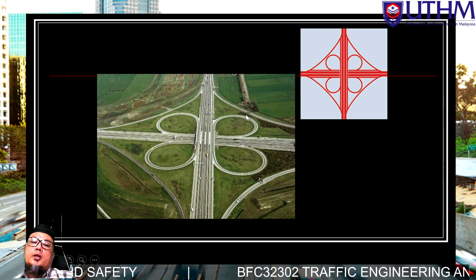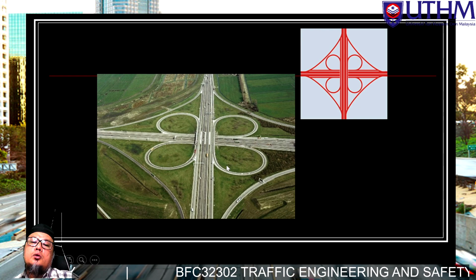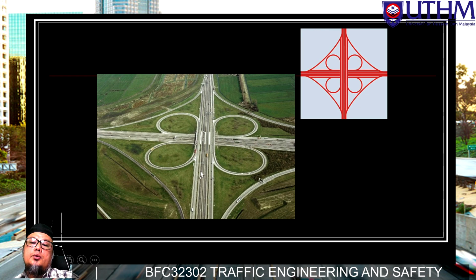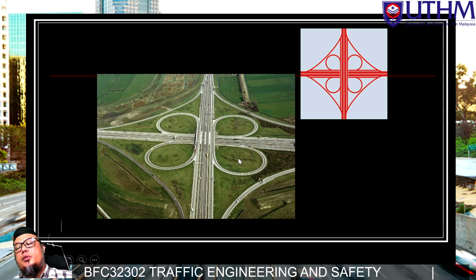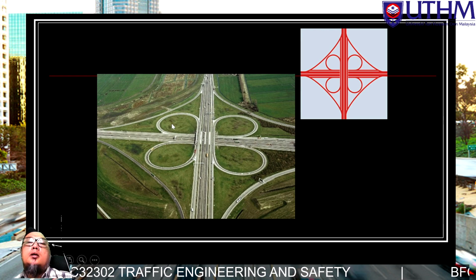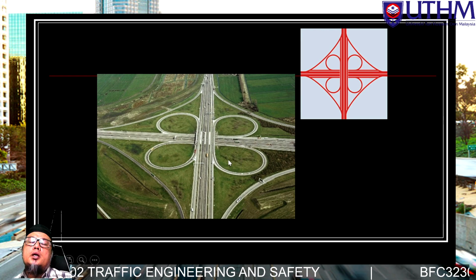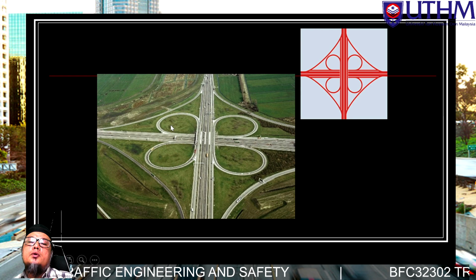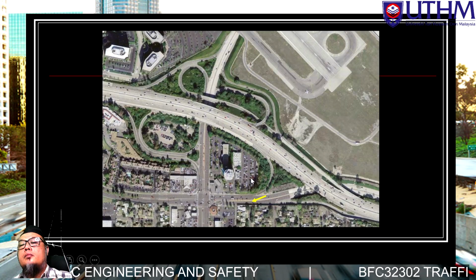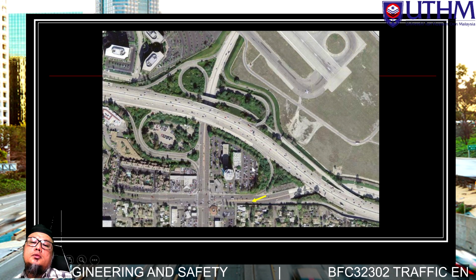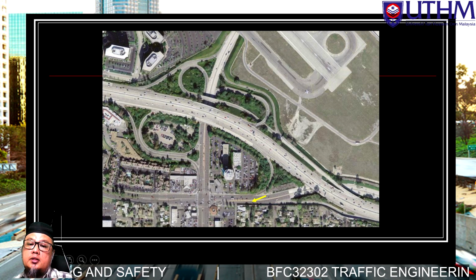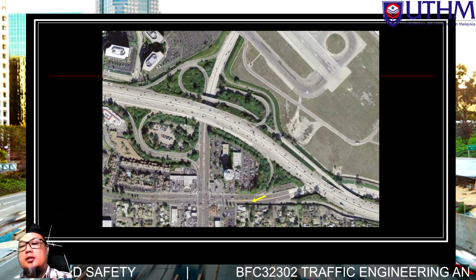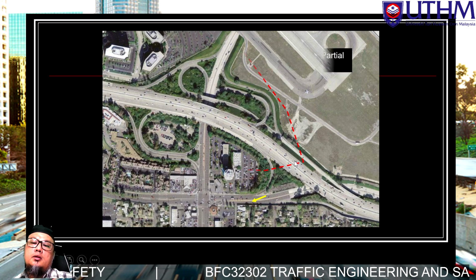Okay, this one you can remember, there are three types. So type 3 is the clover leaf. This one we call full clover leaf shape, it is like a clover flower, inspired by the shape of the clover leaf. Okay, this one, what type of interchange? The shape is a bit strange.